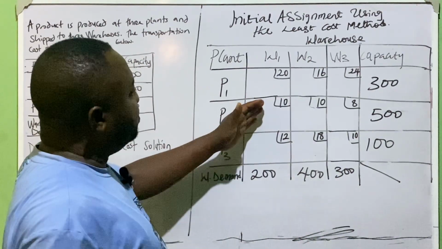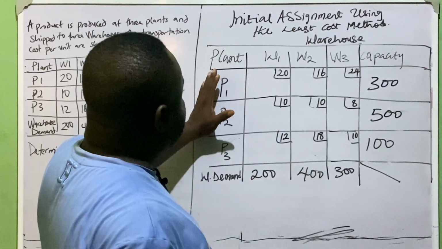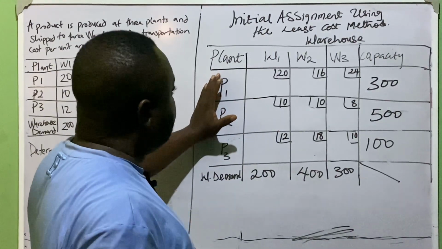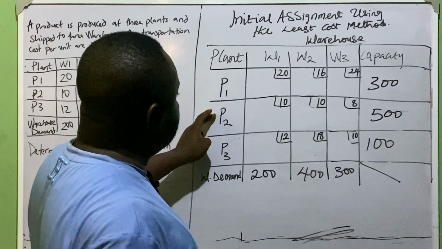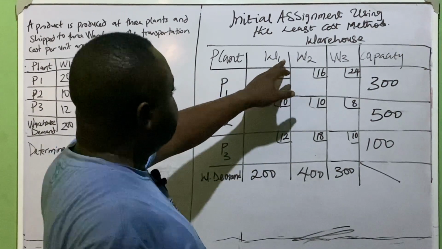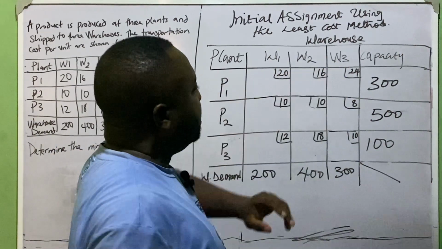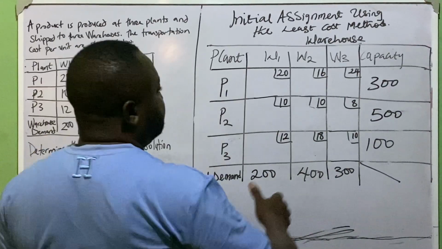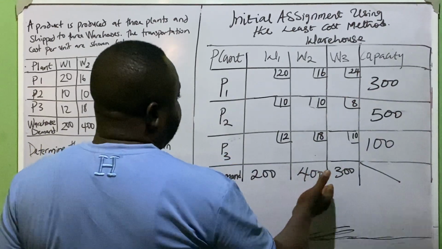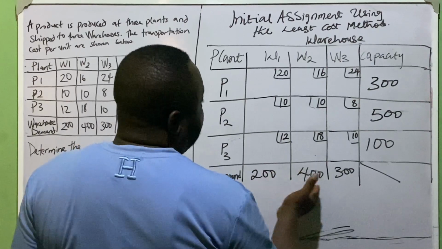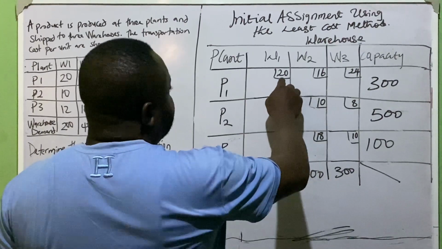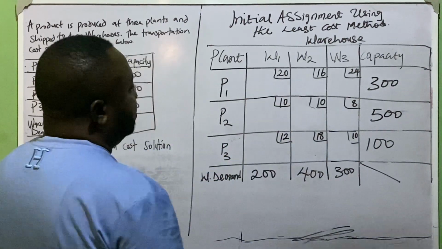This is a situation where we want to make our transportation from three plants 1, 2, 3 to three warehouses 1, 2, 3, and the plants' capacities are stated here, and the demand for the warehouse capacities are also stated here, and of course these are the unit costs of transportation.